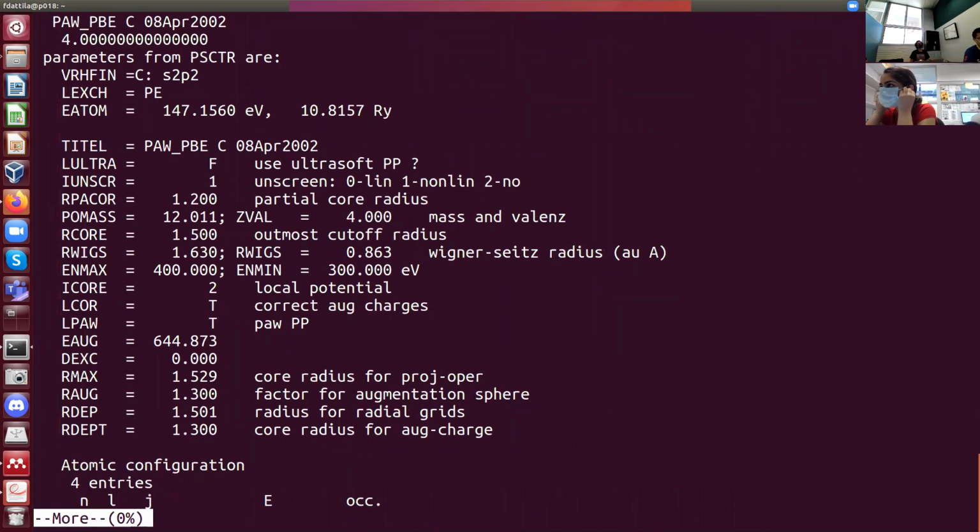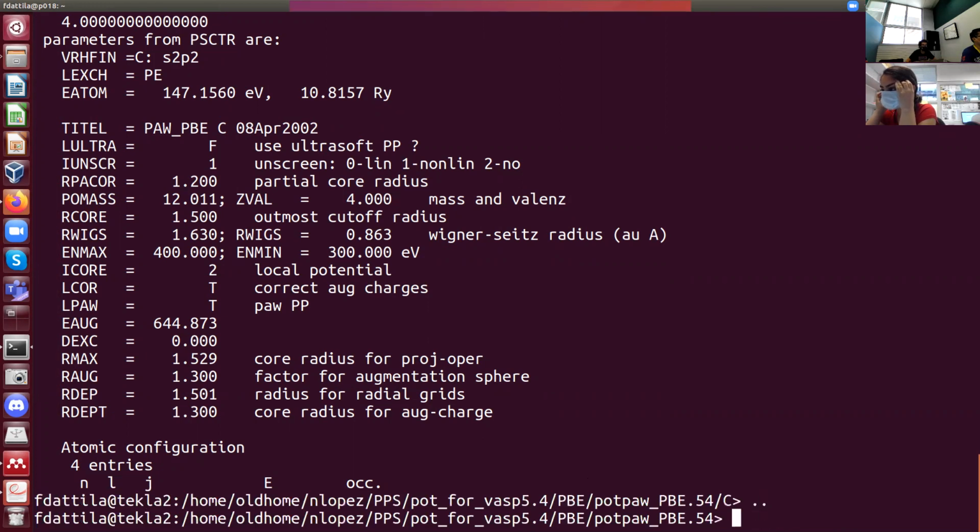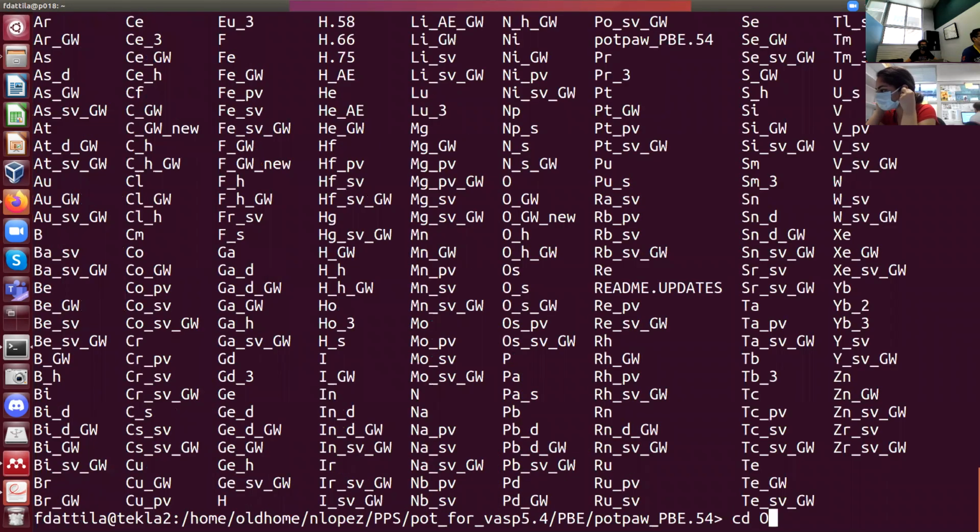So let's say whenever you are using the POTCAR for C and O, for carbon monoxide, for instance, what it means is that you are just concatenating the POTCAR for the carbon with the POTCAR for the oxygen.